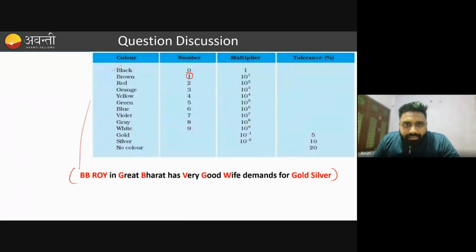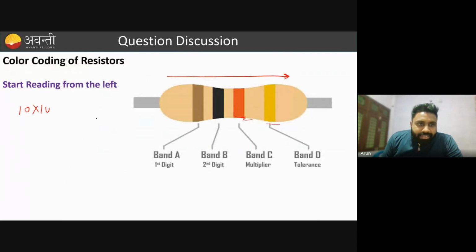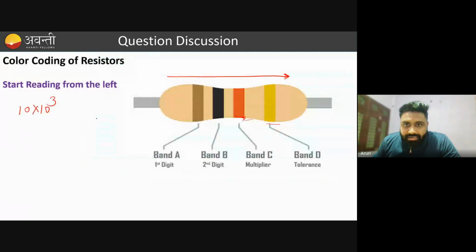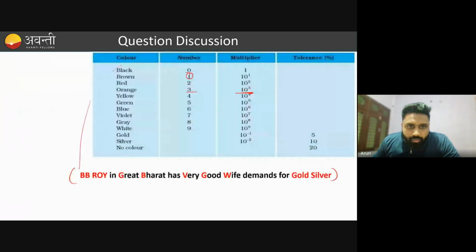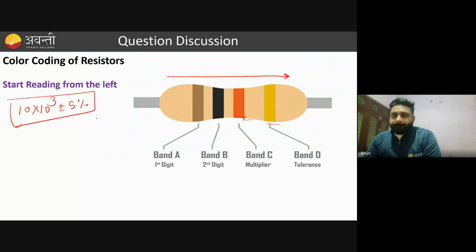For orange, the digit is 3, and the multiplier is 10 raised to the power 3. So you have to multiply it with 10 raised to the power 3. And then you have to mention the tolerance. Let's say this color is gold. For gold, the tolerance is 5. So you will say that it is plus minus 5. So this is the value of this resistor. See how easily you can find this.